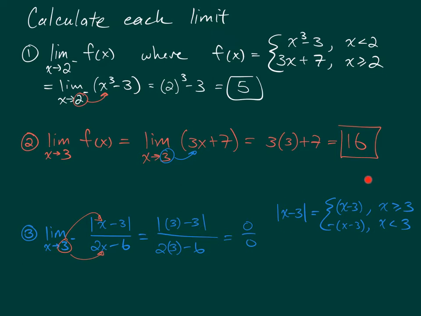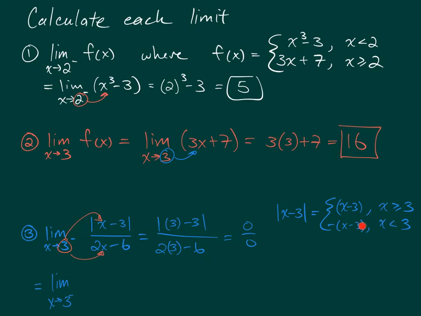Armed with this knowledge, we are now in a similar situation as in example 1. So this function can be rewritten as the limit as x approaches 3 from the left. From the left is what's going to help us pick which function to use, the top or bottom function over here. And since the function is approaching 3 from the left, that means the x values will be less than 3.